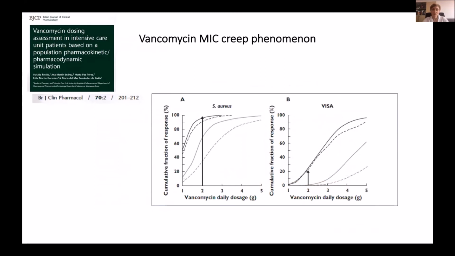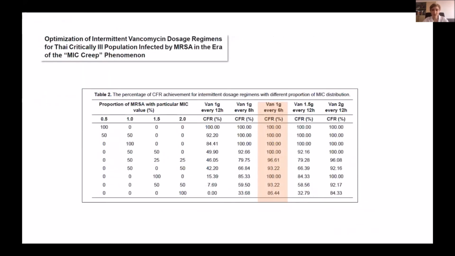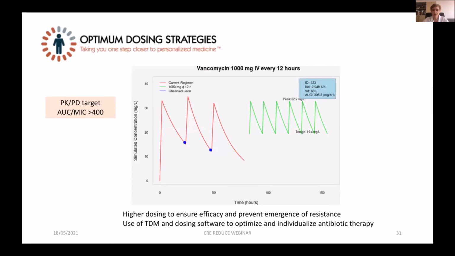The standard dosing used will not enable achieving the PK/PD target, and we'll need higher dosing regimens to optimize drug dosing. We may have to use quite high dosing here, such as 1 gram every 6 hours. And then, as you know, you can experience nephrotoxicity if you don't monitor drug concentrations.